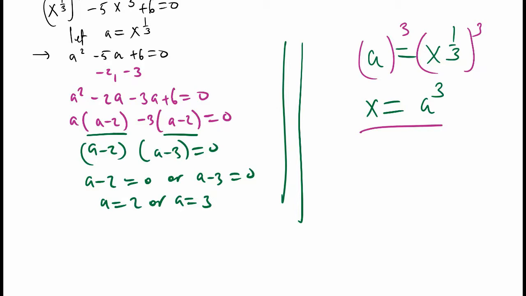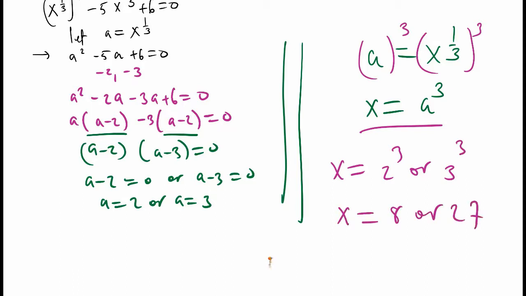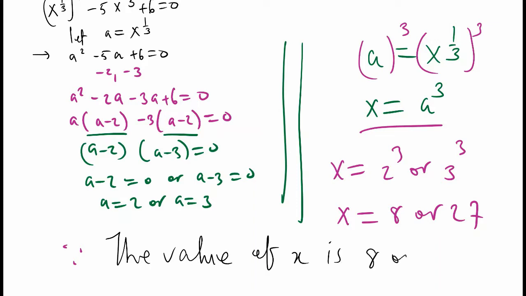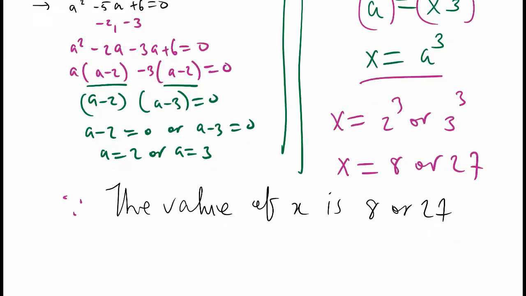So when a equals 2, x is going to be 2^3, or 3^3 when a equals 3. So x equals 8 or 27. Therefore, the value of x is 8 or 27.